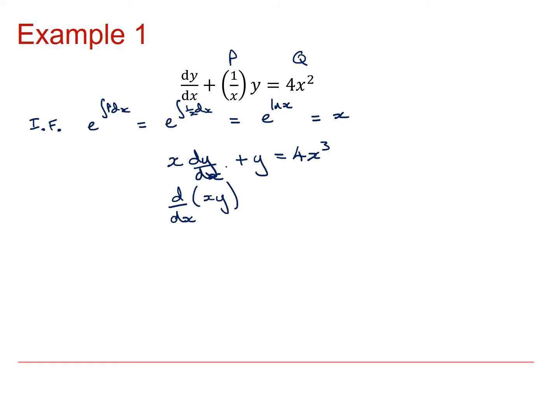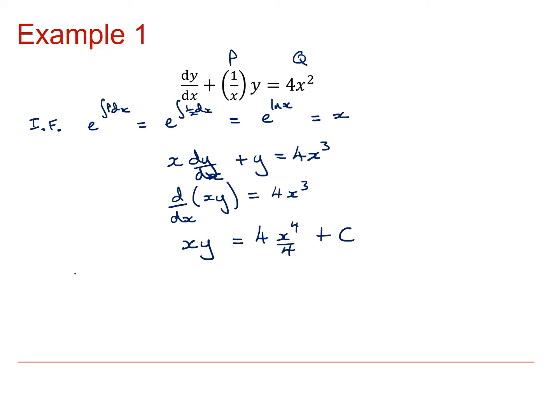In the early stages you might want to double check that that is the case: I'll get x dy by dx plus 1 times y. That's equal to 4x cubed. Now integrating both sides, I get xy is equal to 4x to the 4 over 4 plus c.